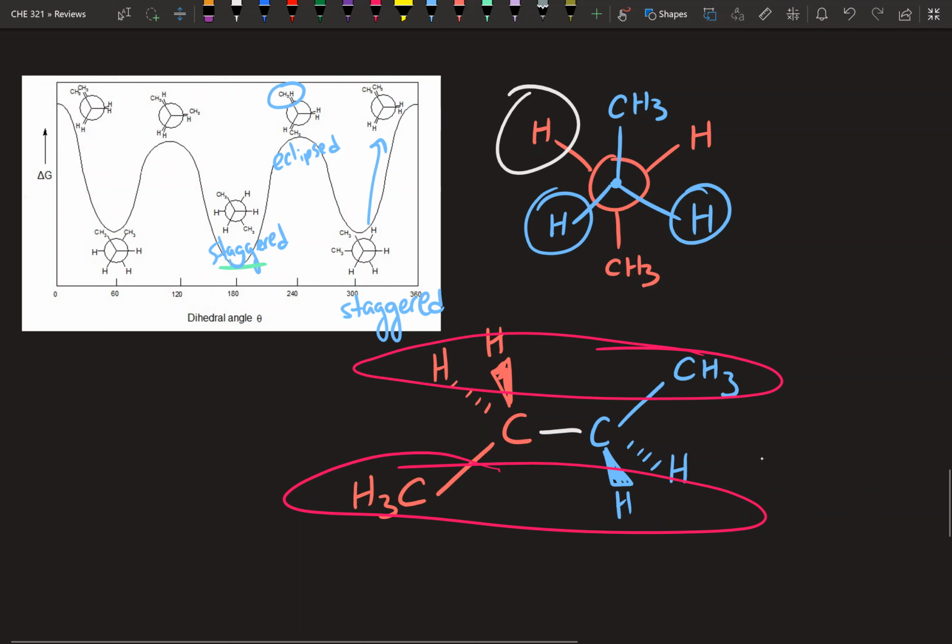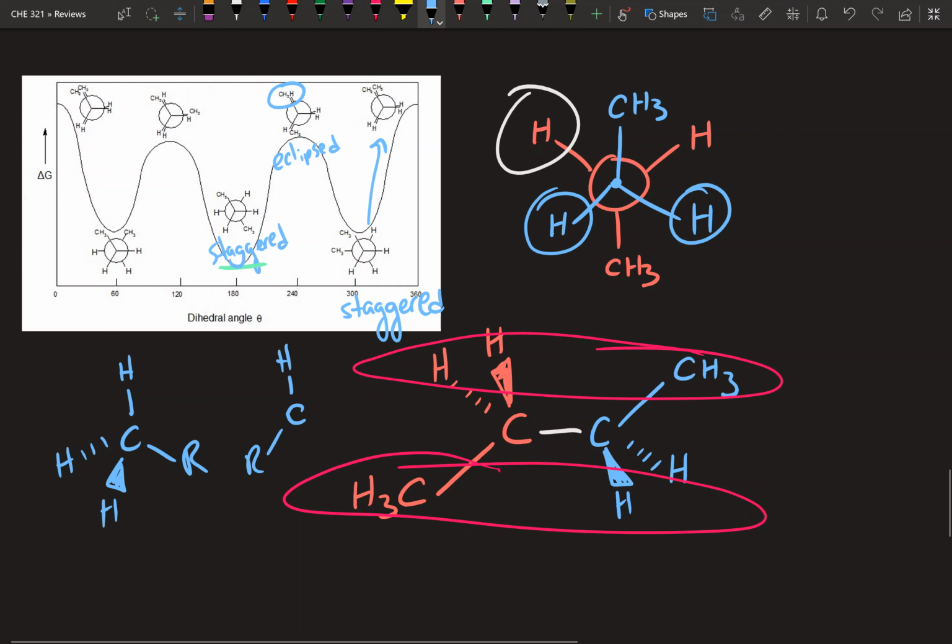Why? Because if we just compare the size, imagine this: we have this carbon, so carbon, hydrogen, bonded to some other carbon. We can just write it as R, a hydrogen, and that hydrogen. Now we have two of these interacting together, so they're going to be close to each other.